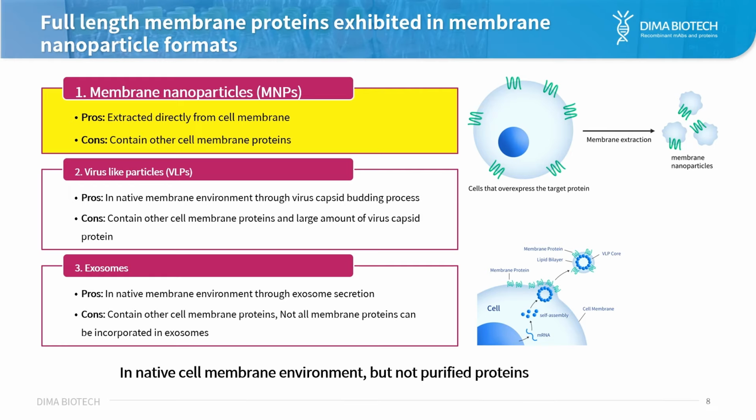When they bud out, they carry some of the membrane fractions of the cells. If your target protein is expressed on that fraction, it can be secreted out with the capsid protein as nanoparticles. This particle is like a virus, but it doesn't contain any viral genetic material, so it can't infect the cells. That's why they are called virus-like particles.